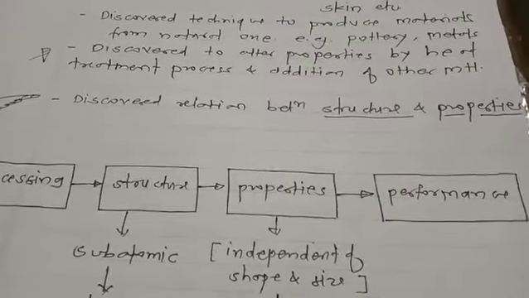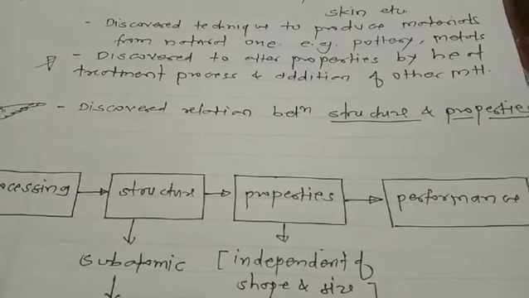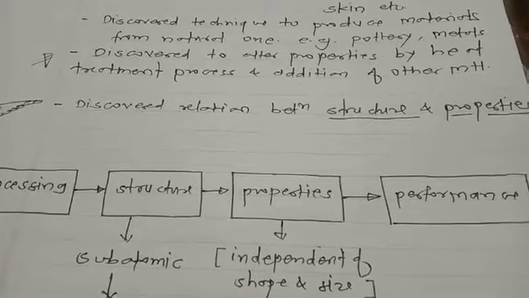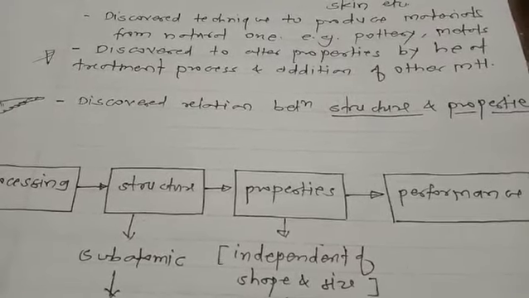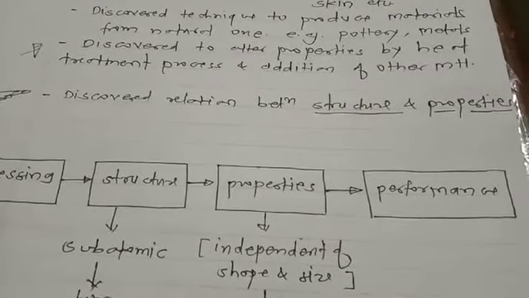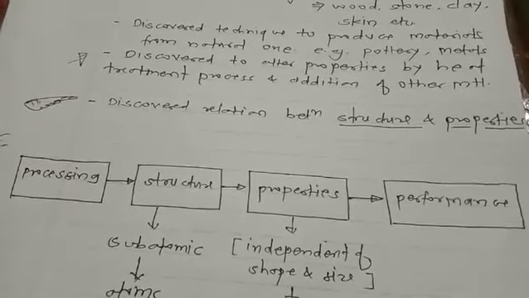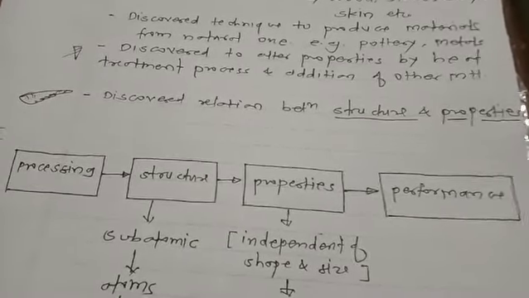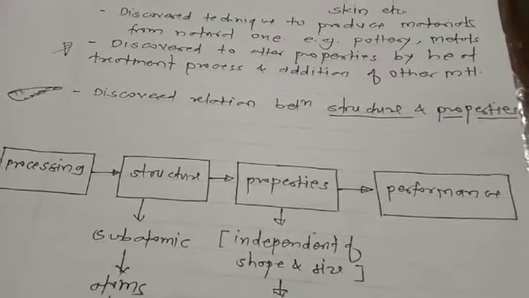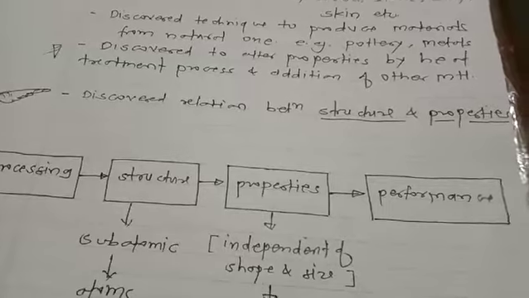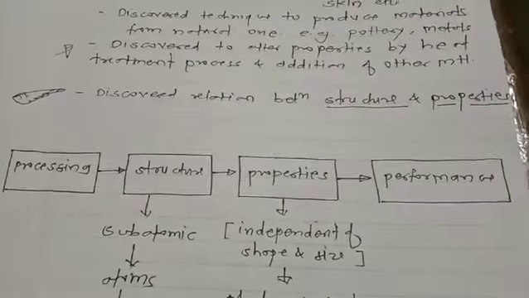Otherwise you will not get the proper performance, right? If the material shows resistance to environmental conditions, definitely it will work in a harsh environment, right? So always remember these 4 blocks and 4 important aspects of materials science and engineering, or materials and metallurgy: processing, structure, properties, and last, performance. Then how is it connected?